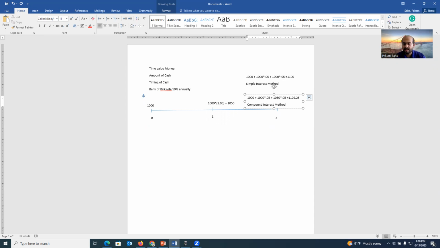We can rewrite this equation in a different way. So this equation is trying to tell you for your initial investments, you're earning for 1 year 5%. Then again, you're earning for 1 year 5%. Make sense? Compound interest is trying to tell you you are also earning interest on your earned interest.